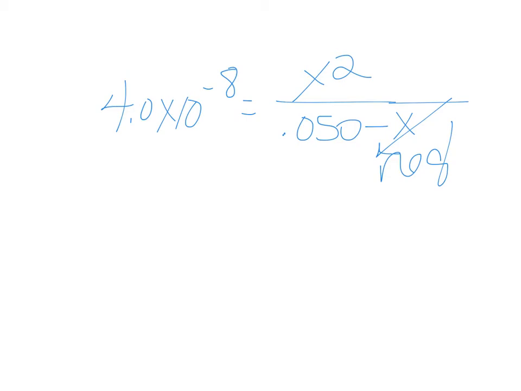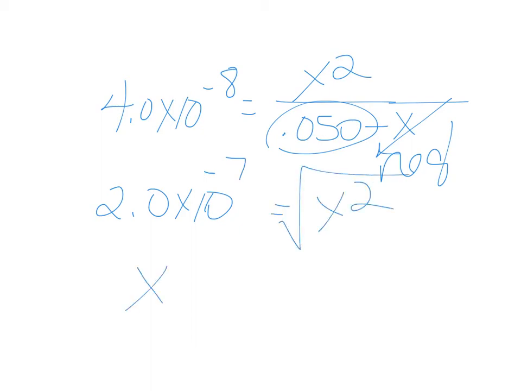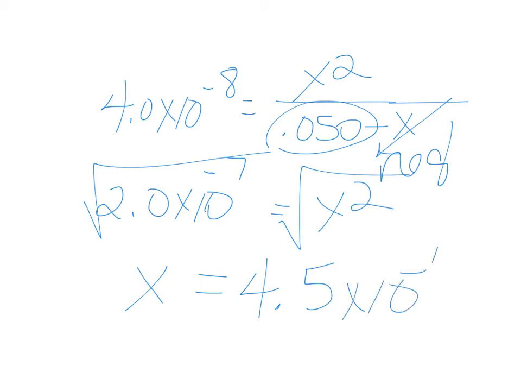Multiplying through both sides by 0.05, we get 2 times 10 to the minus 7 equals X squared, and taking the square root of both sides. All right. So the hydronium ion concentration, or X, is 4.5 times 10 to the minus, I don't know why I have 14 there. That should be 4.